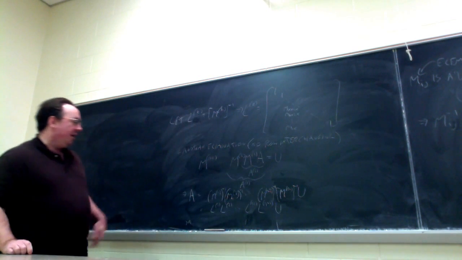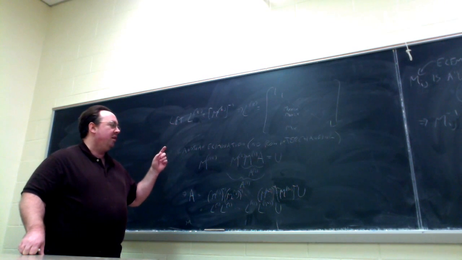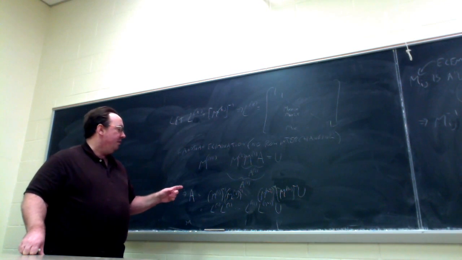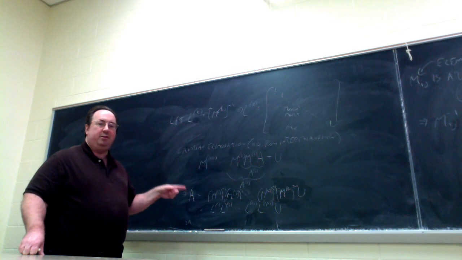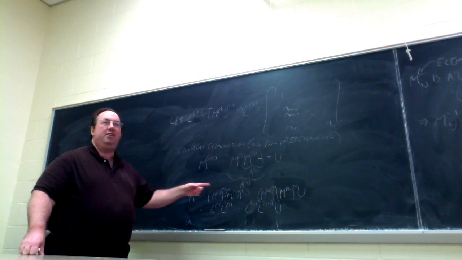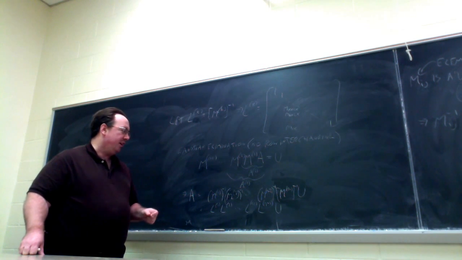Now, the M's are unit lower triangular. The L's are inverses of M, so those are also unit lower triangular. They're all multiplied together, so the product is unit lower triangular.